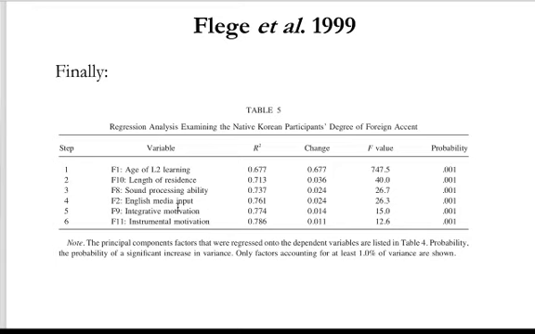That some combination of these is going to explain all of the AOA effects. But that's, again, not what the data actually show here, as far as I can tell.